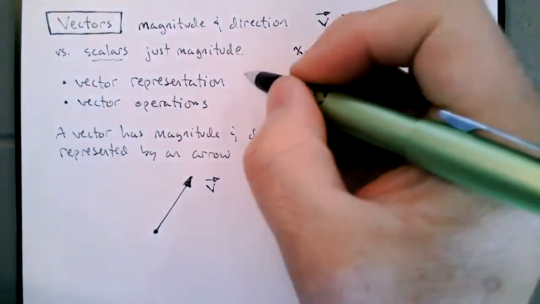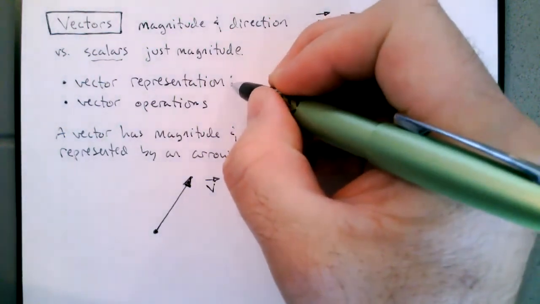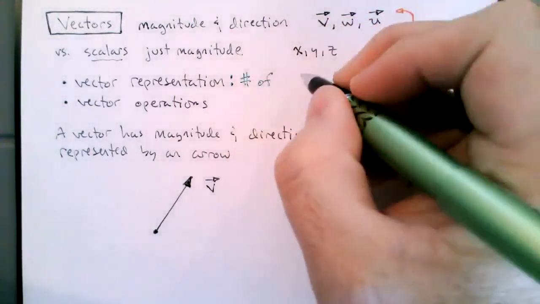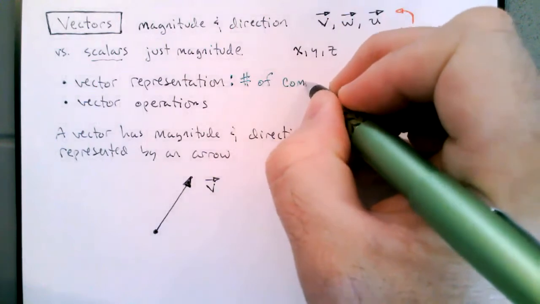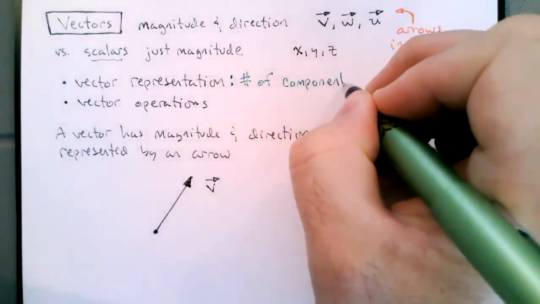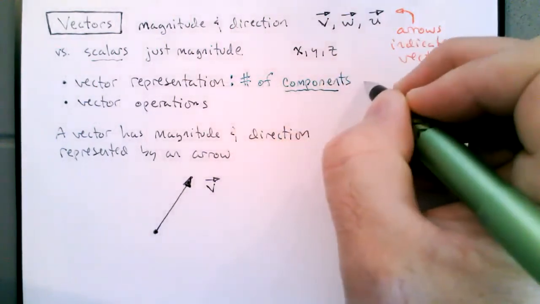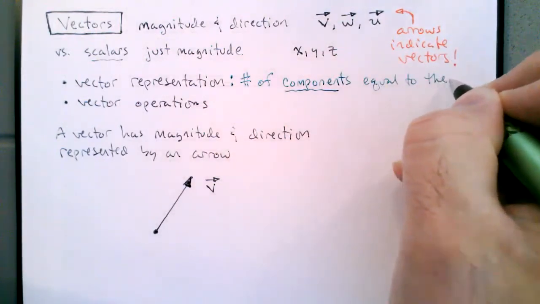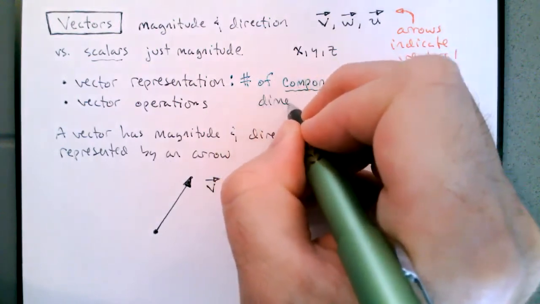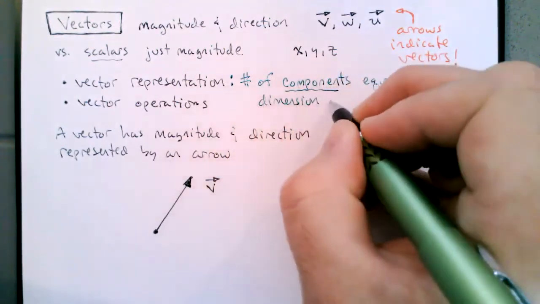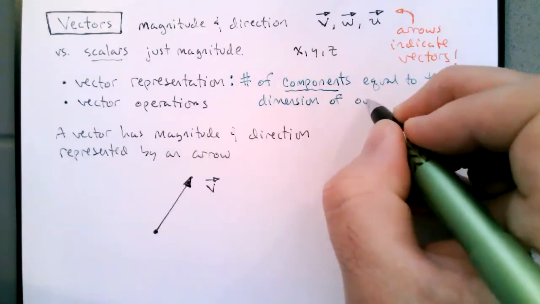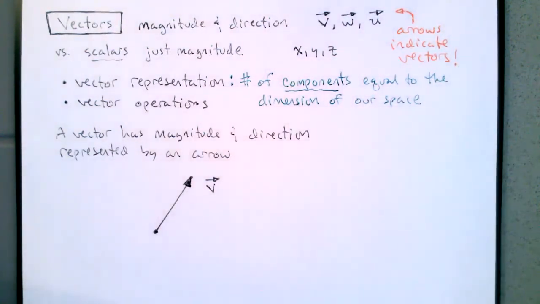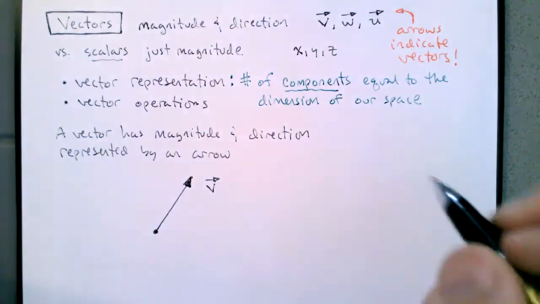So in the category of vector representation, we'll need a number of components equal to the dimension of our space. So 2 in R2, 3 in R3.